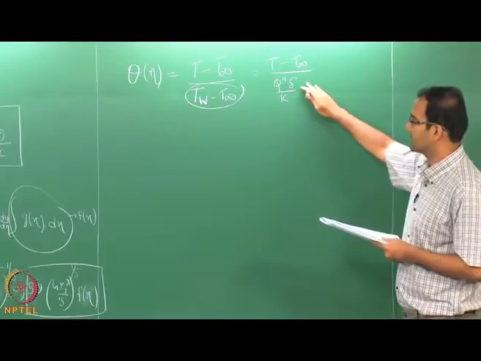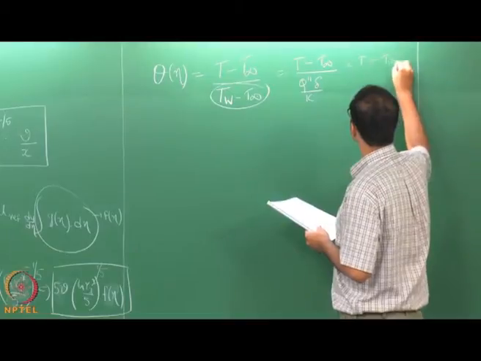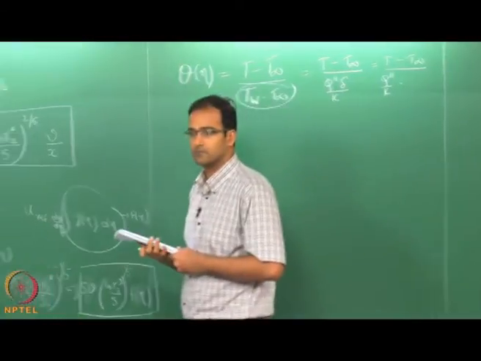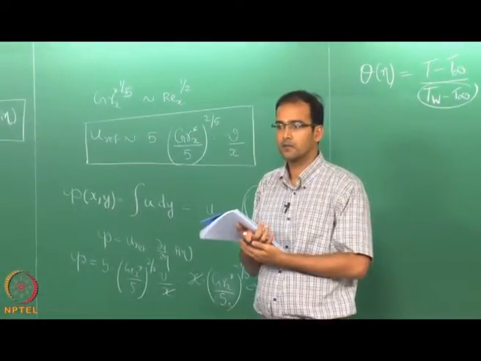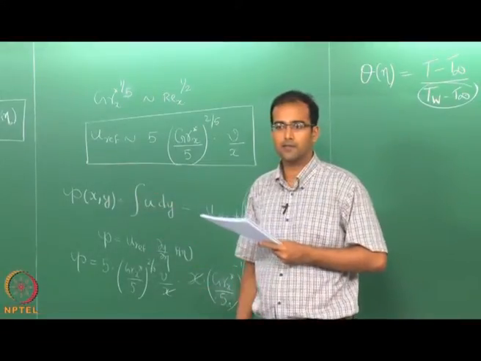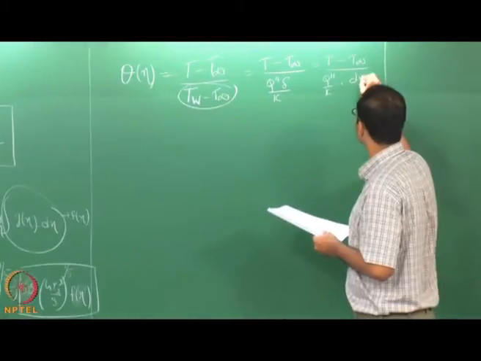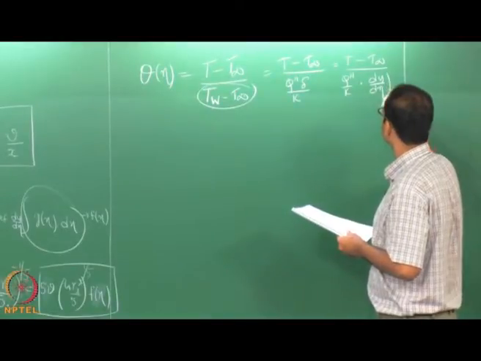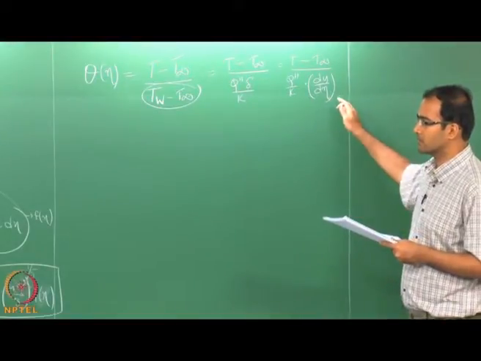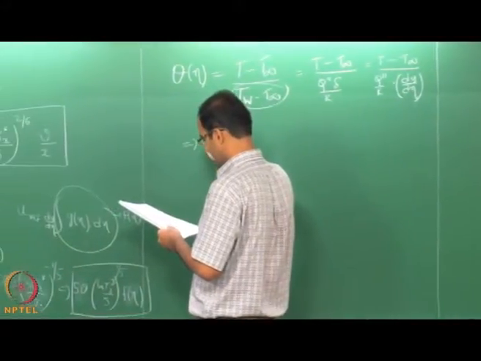And what is delta now? How do you find out delta? Eta is equal to y by delta, correct. So, therefore, we can find this as dy by d eta, right. So, I am going to replace this as dy by d eta. Okay. So, substitute this in terms of Grashof number. So, therefore, what will be theta of eta?